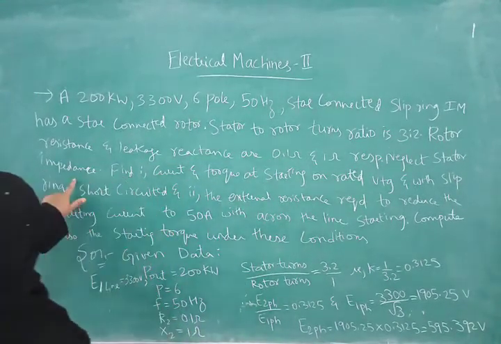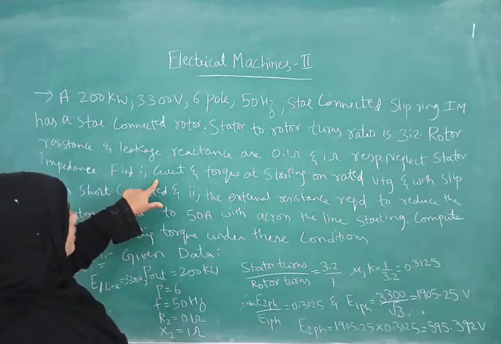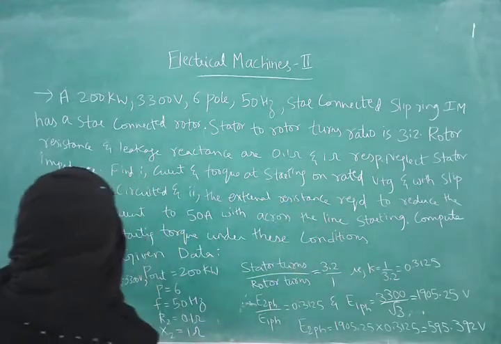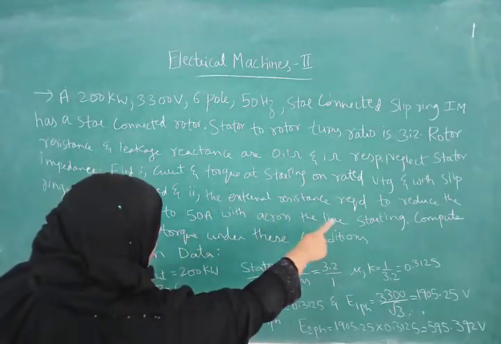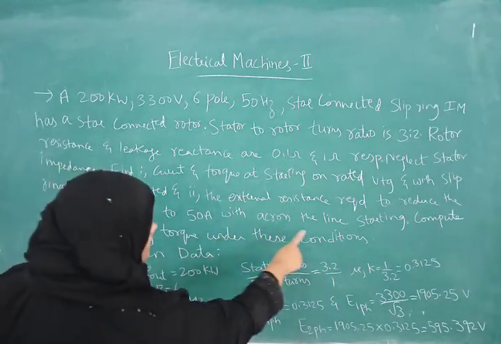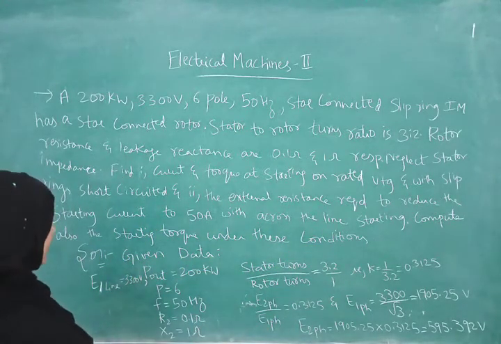Neglect stator impedance. First, we have to find the current and torque at starting on rated voltage with slip rings short circuited. Next, we have to find the external resistance required to reduce the starting current to 50 amps with across the line starting. Compute also the starting torque under these conditions.